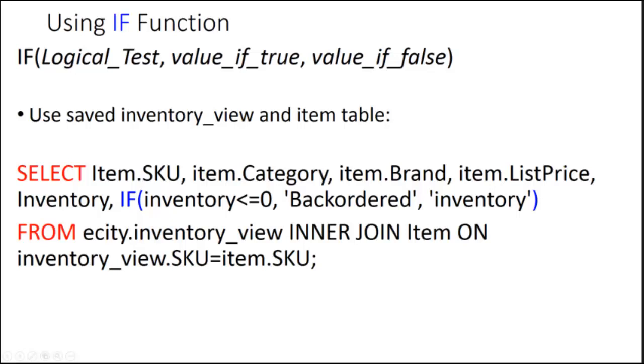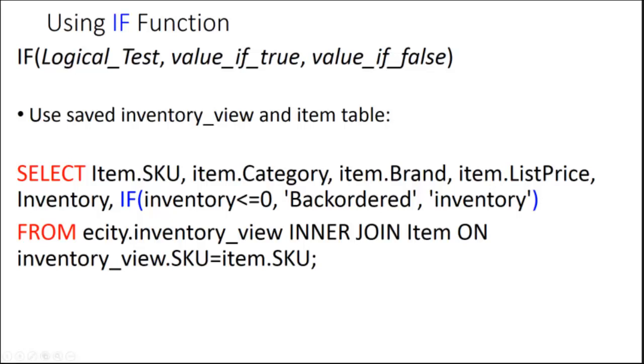The third argument will return if the result of the logical test is false. In this case, we can use the saved view, inventory view, and item table. We write a select query to return backordered if the inventory value is negative, and just return inventory if the value is positive. So if we oversold an item, we'll see backordered in front of the inventory record.